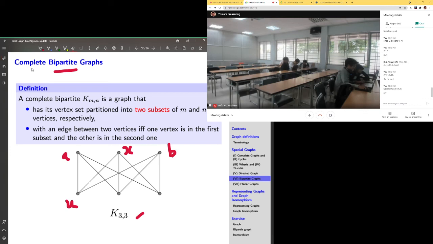Okay, and you get in total 9 connections. Look at the slide. Okay, that we call K33. So complete means we allow any possible connection from one side to the other side. You see?